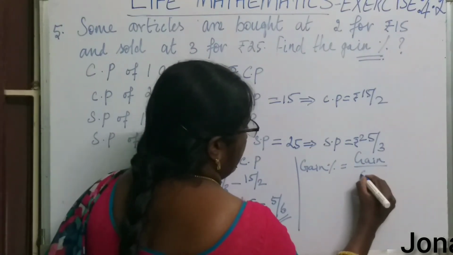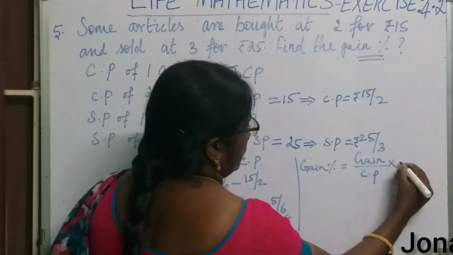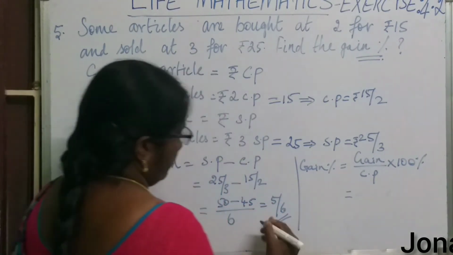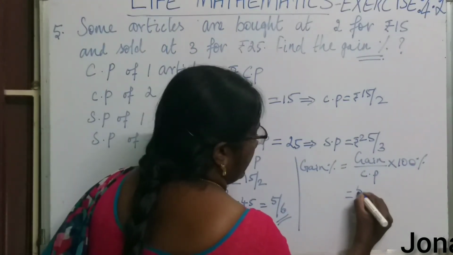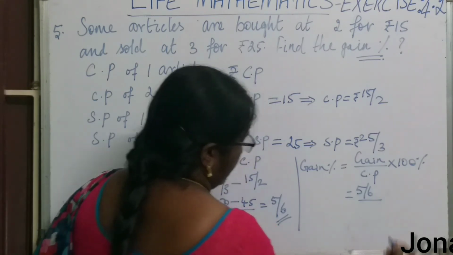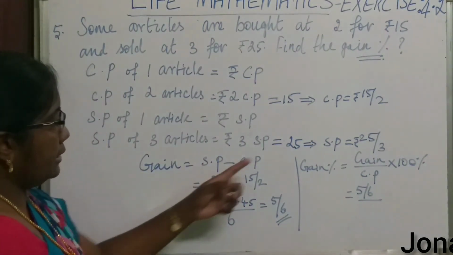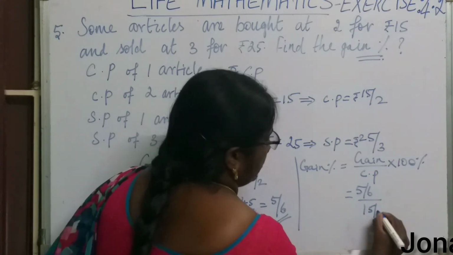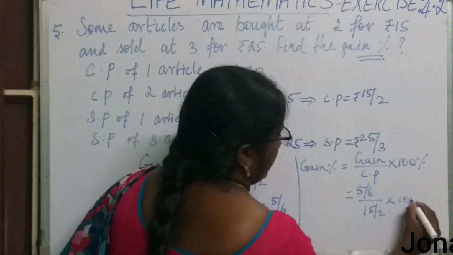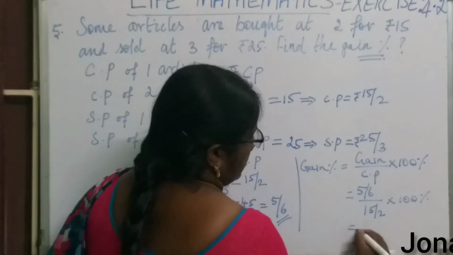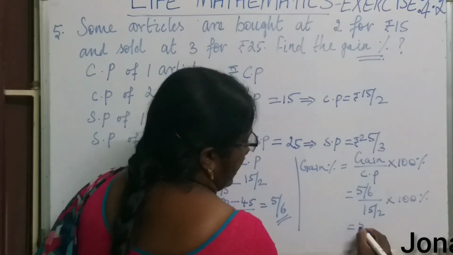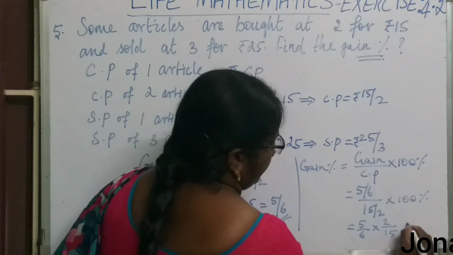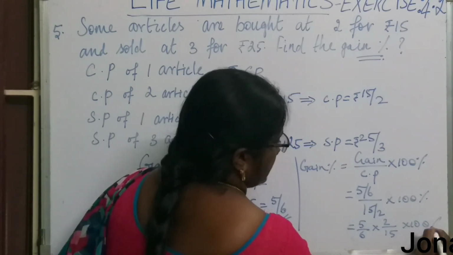So gain percentage equals gain by CP into 100 percent. The gain we found is 5 by 6 divided by the CP, 15 by 2, into 100 percent. So this is 5 by 6 into 2 by 15 into 100 percent.